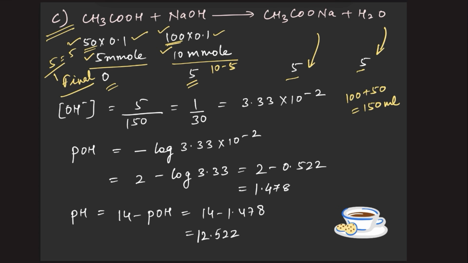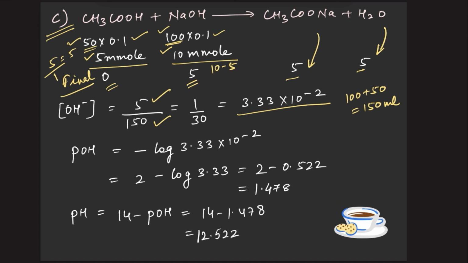Millimoles of NaOH, because OH minus is coming from NaOH. So millimoles of OH minus, that is 5 millimoles, divided by volume of solution, which is 150 milliliter, which is equal to 1 by 30. Solving, this is 3.33 into 10 to the power minus 2 moles per liter. ये हो गई concentration OH minus ion की.